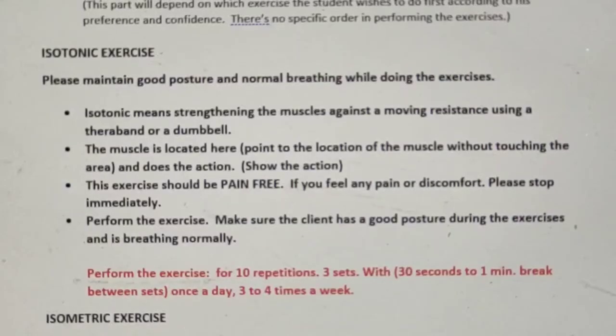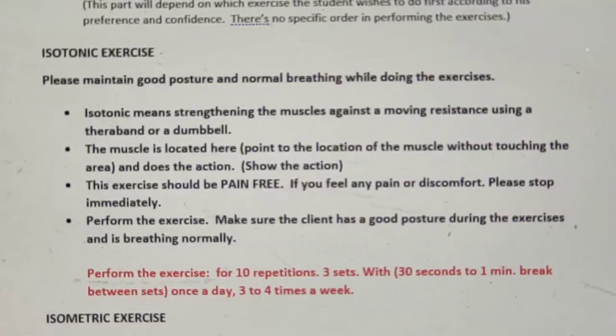Okay, so once the client has finished performing the exercises in front of you, you're gonna ask the client to have a seat, and then you're gonna ask the client if the client is comfortable right away. And once the client says he or she is comfortable, then you need to tell the client, okay, so at home, please perform the exercise for 10 repetitions for 3 sets.